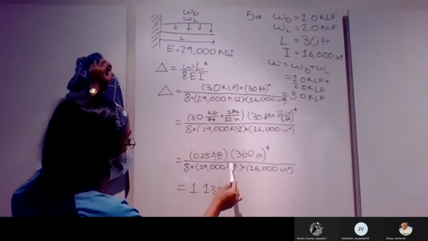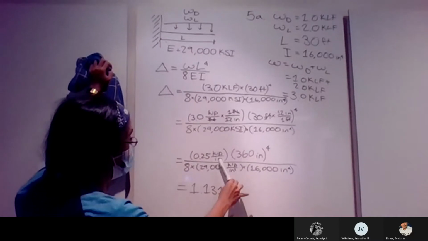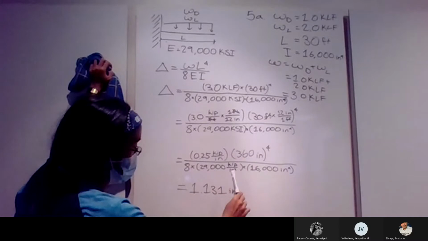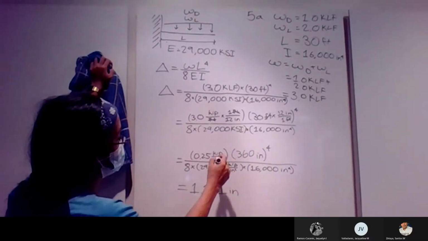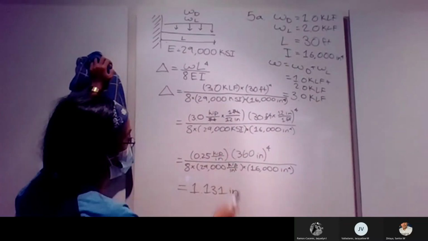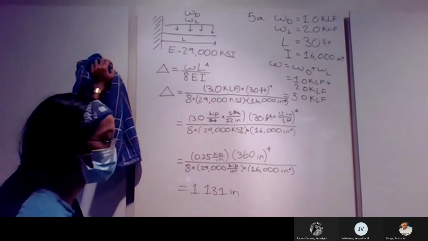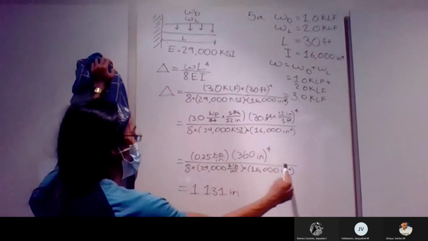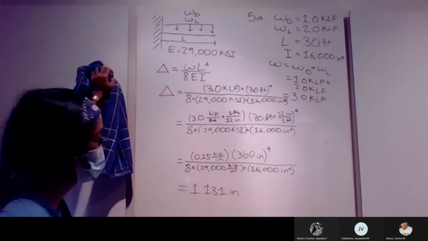And we have kips on the numerators here, so those will cancel out. And we have an inch on the denominator here, and inches squared on the denominator here. So 1 unit of inches will be cut off from here. This inch will cancel out, and then 1 unit of inches will be cut off from here. So there's only 1 inch left, and it's in this denominator, but it's also in another denominator, so that just becomes the numerator.